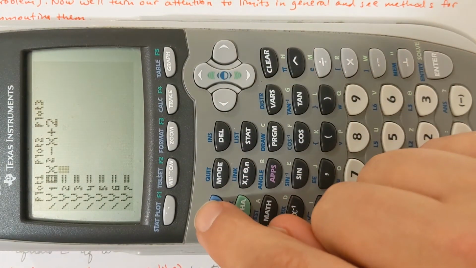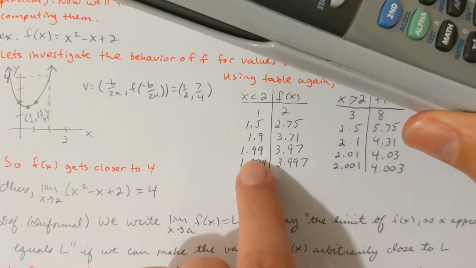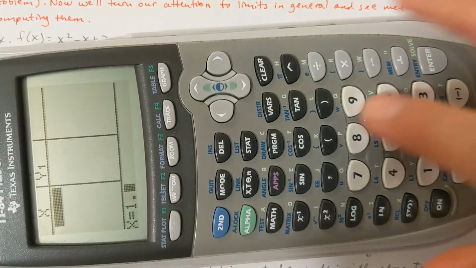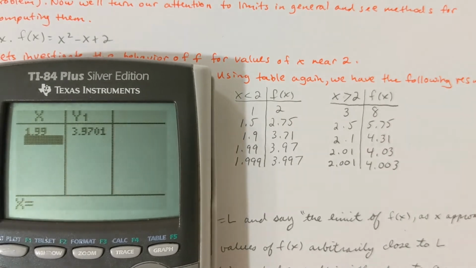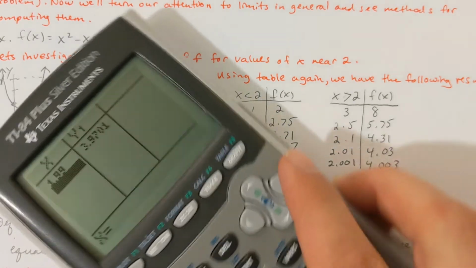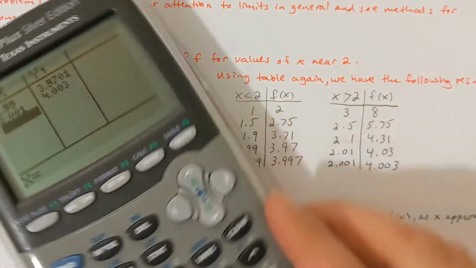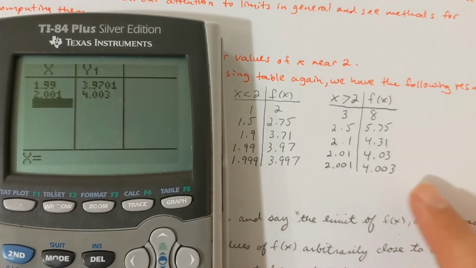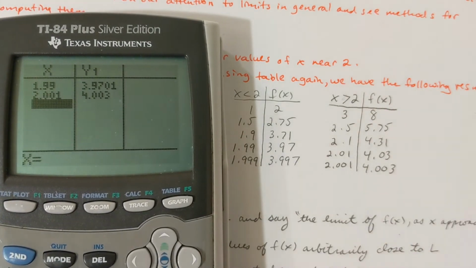Then I hit second graph to get a table. Then I can select any values of x that I want. If I let x be 1.99, I'm getting roughly 3.97, going to the nearest 2 digits. I could let x be 2.001, and I'm getting 4.003 from this. And of course, I can let x be anything.